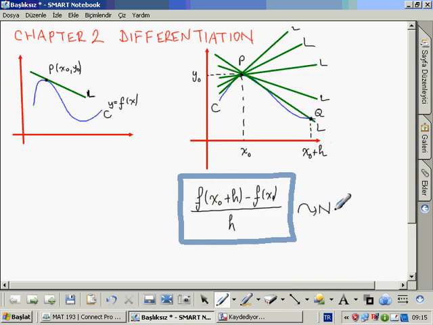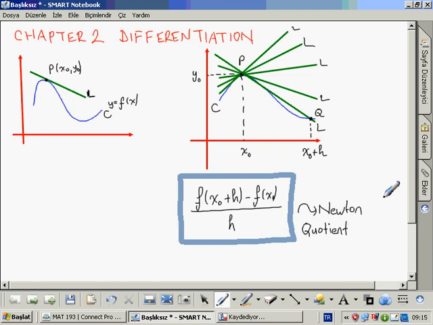This is the Newton quotient, or you can call it the difference quotient.